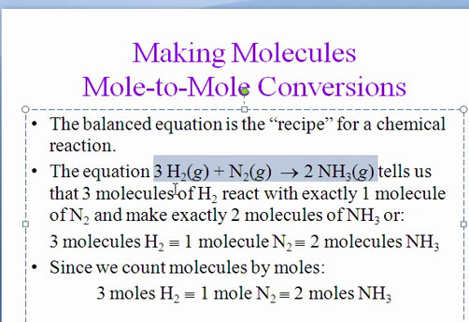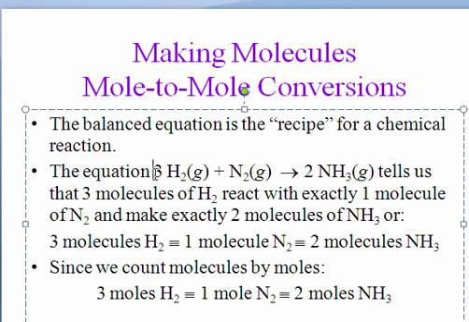Now, when we were balancing equations, it was fine to think about these coefficients as molecules. However, in reality, it's impossible to isolate 3 molecules or 1 molecule or even 3 million molecules. They're so incredibly tiny. So now that we're going to be talking about actual amounts, our coefficients are now going to stand for moles, because moles are measurable amounts.